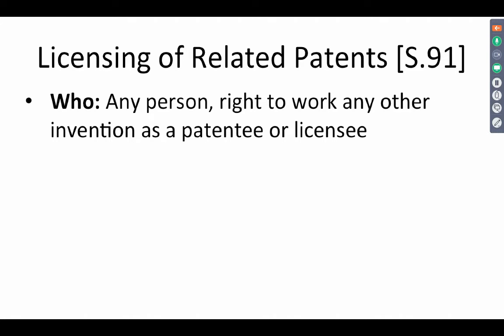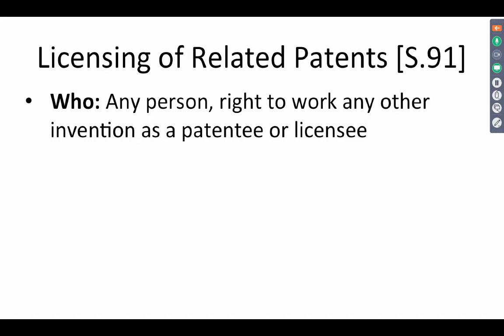The second category is licensing of related patents. Patents that are related can be obtained by a compulsory license. Any person who has the right to work any other invention as a patentee or licensee, this is the requirement. In licensing of related patents, the person who makes the application for a compulsory license should have a related patent.